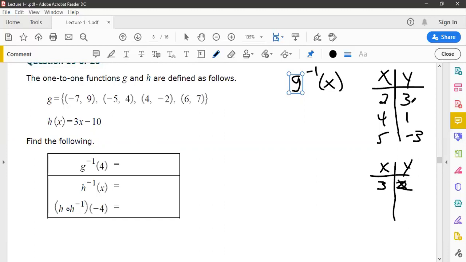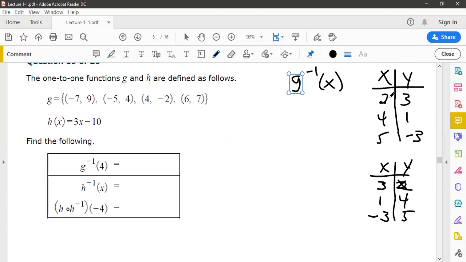So instead of (2, 3), it'd be (3, 2). The inverse of (4, 1) would be (1, 4). The inverse of (5, -3) would be (-3, 5). So when you're finding the inverse, essentially the x and y values are switching places.